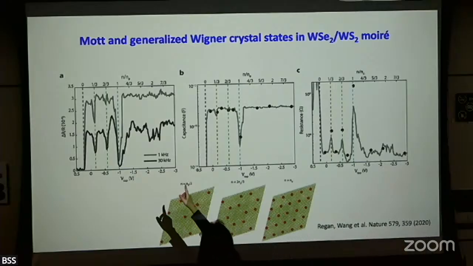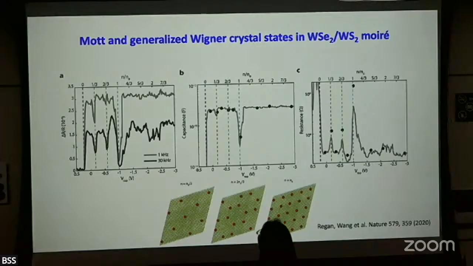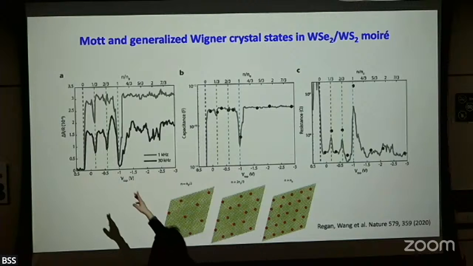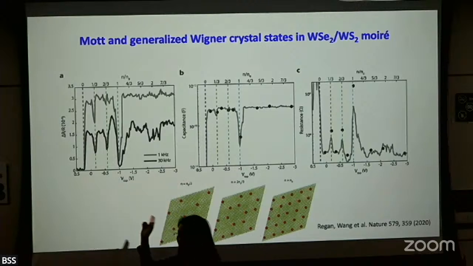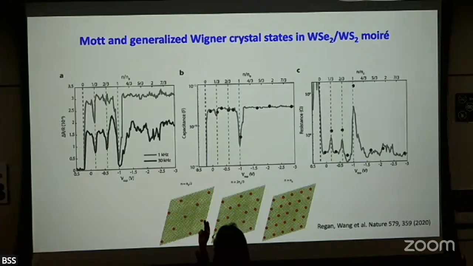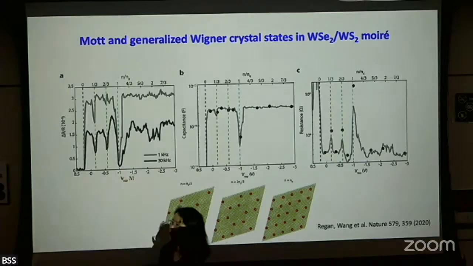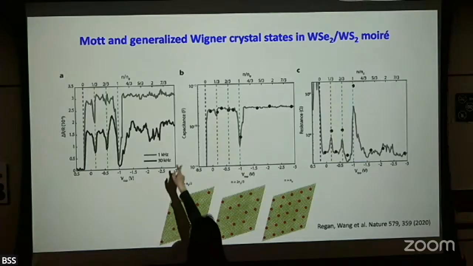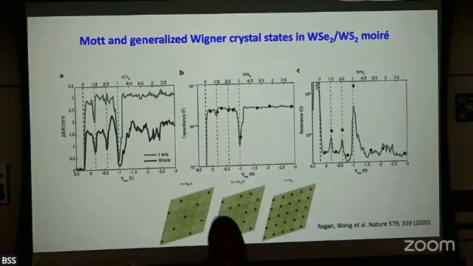And on the top, you see the filling factor of the moiré unit cell. When you go through some integer or commensurate fractional filling, you see some features showing up, right? This is just for two different frequencies, but then you do this for many different frequencies, as I said, and do the fit to get this.